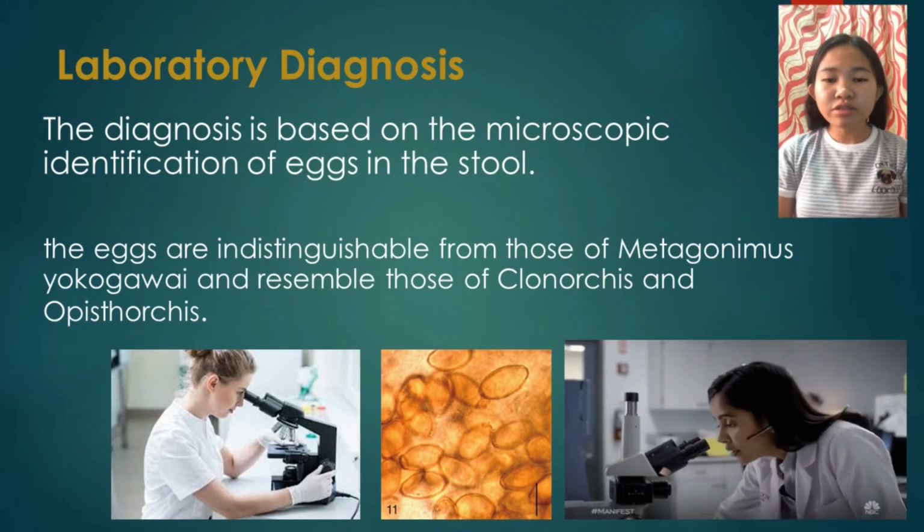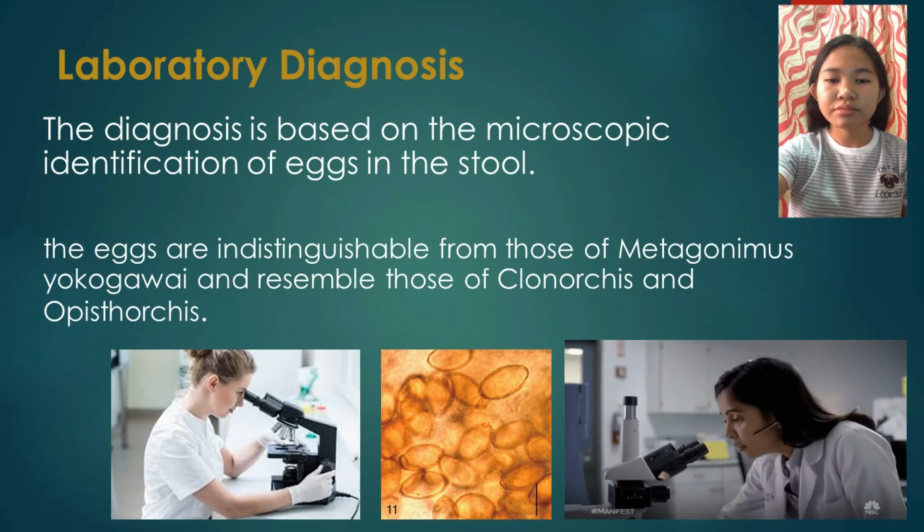The diagnosis for Metagonimus yokogawai is based on the microscopic identification of eggs in the stool. The eggs resemble those of Heterophyes, Clonorchis, and Opisthorchis.